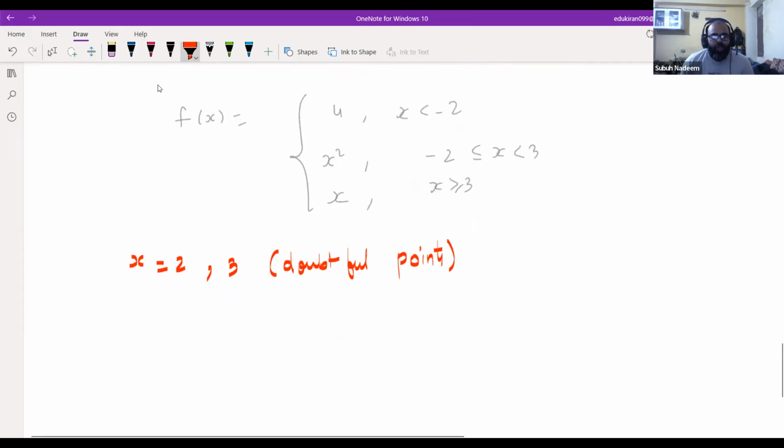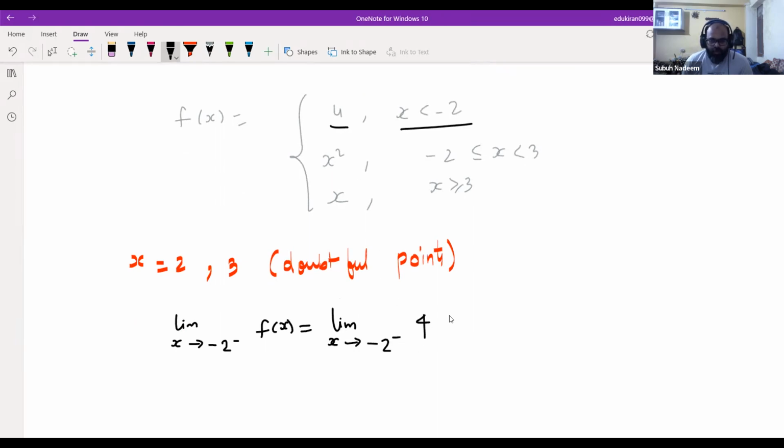For x less than -2, the limit as x approaches -2 from the left of f of x is 4. We know from the first property that since there is no x, the limit as x approaches a of k is simply k.